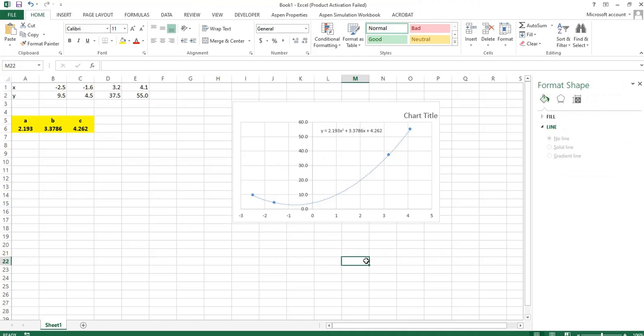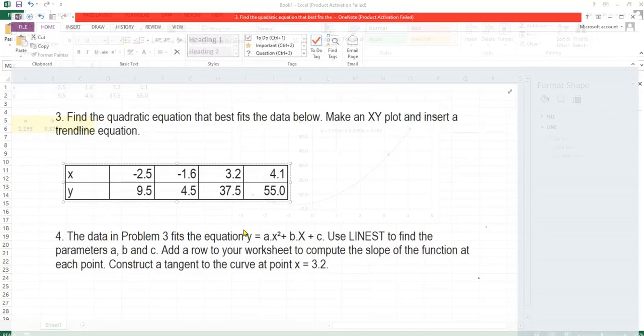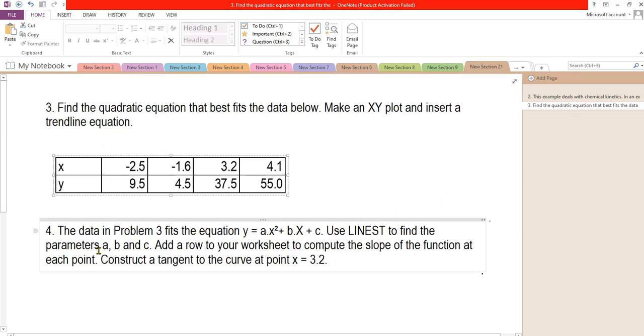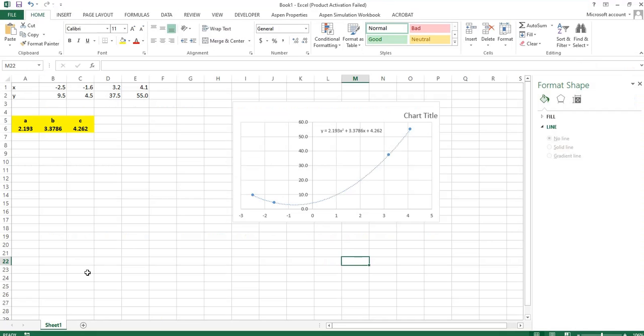Now, having done that, let's go over to this other one. They said the data in problem 3 fits the equation y equals a. Okay, now let's rename this problem 3.